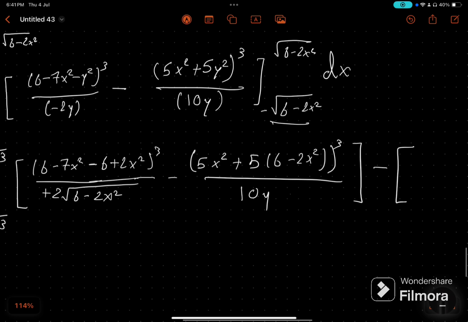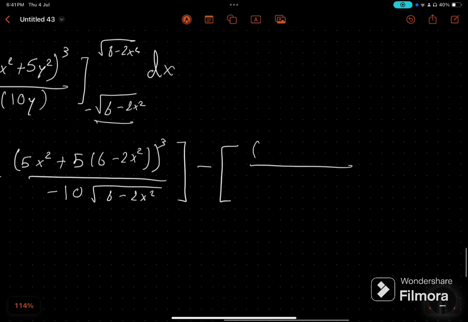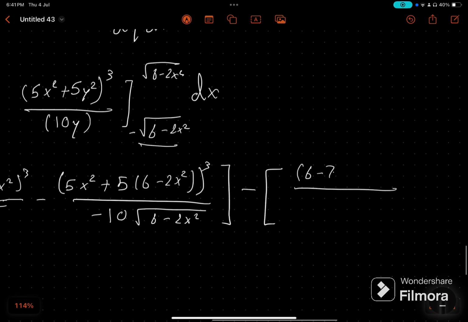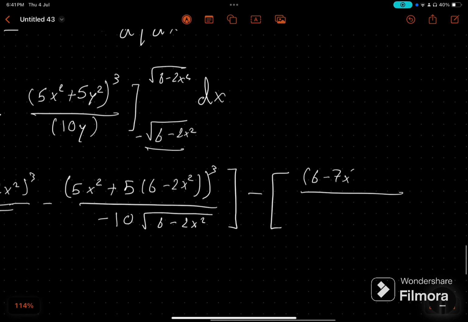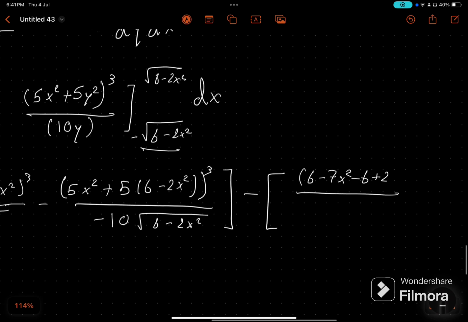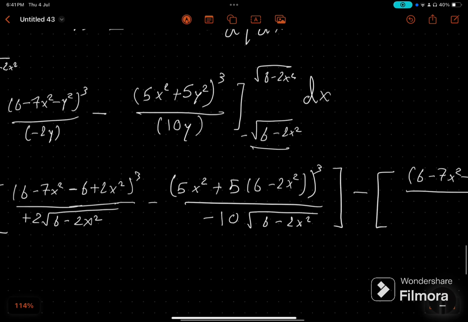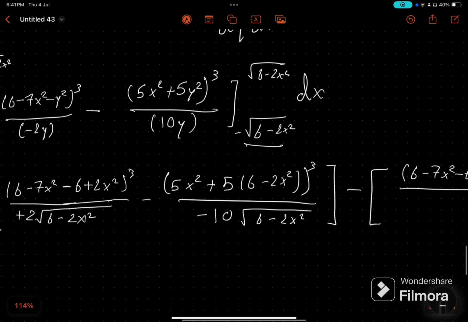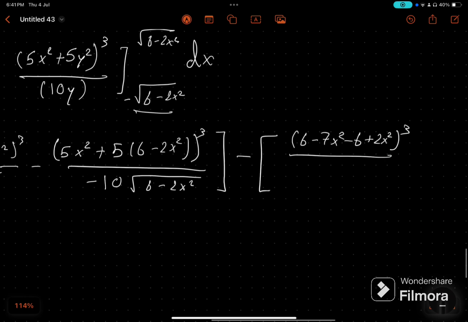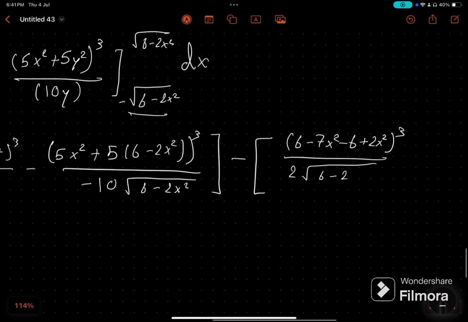Now we do the same for our other limit, which is positive. Here we forget the minus sign, minus 6 minus 2x squared. It's basically the same thing: 6 minus 7x squared minus 6 plus 2x squared all to the 3 divided by 2 times the square root of 6 minus 2x squared.